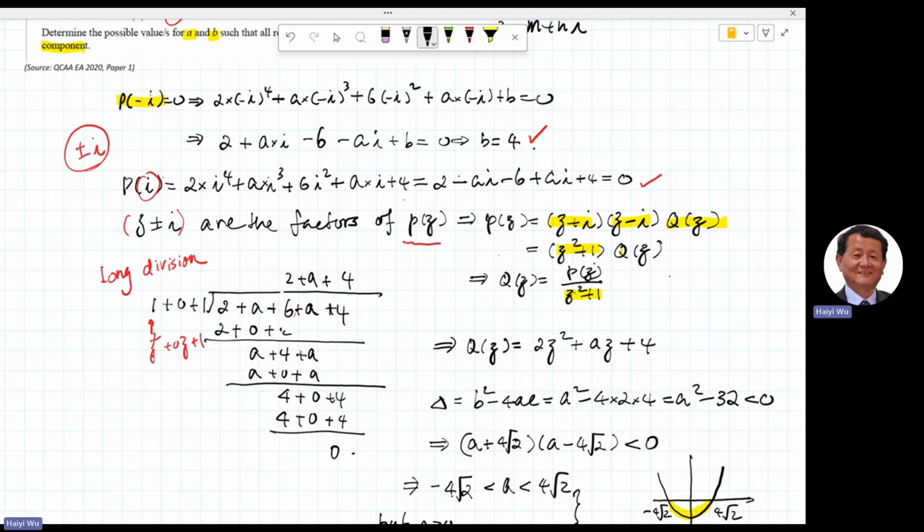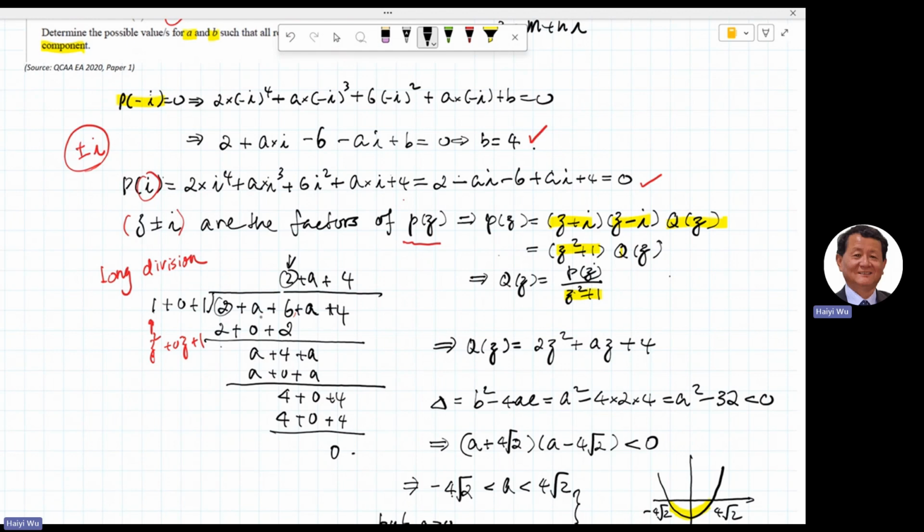So now we're going to use long division. If you haven't done long division, you might have to revise it. Basically 2 divided by 1 is 2, so that's how the 2 comes from.